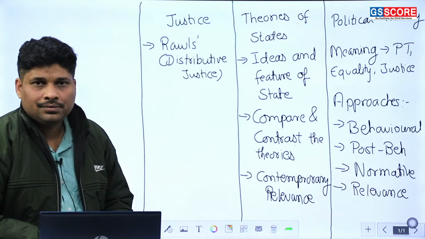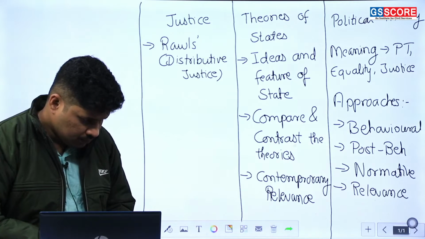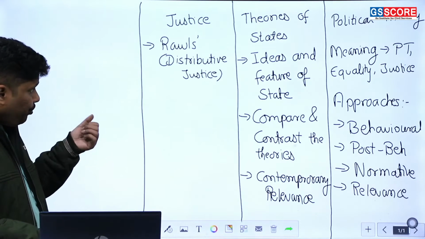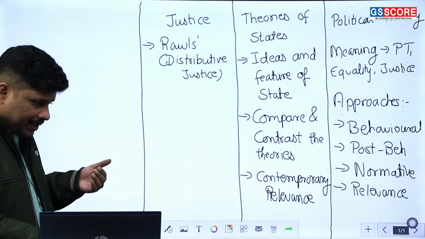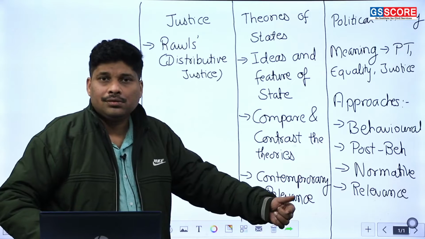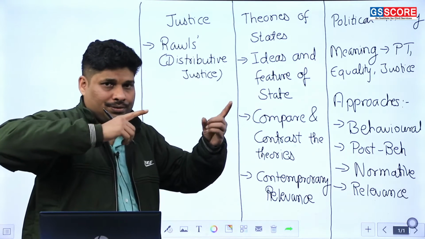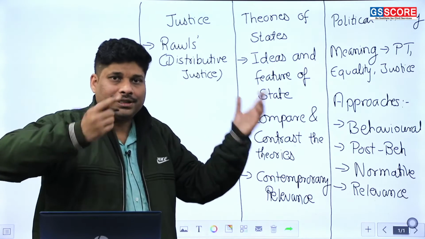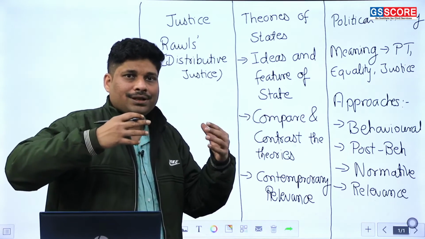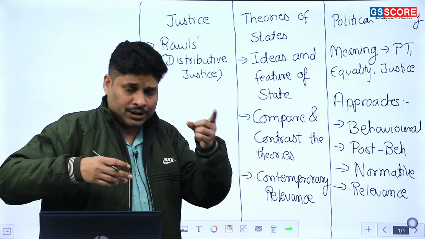Now, conceptually, when you bring in distributive justice, what is also needed to be known? Again, this is from the point of view of UPSC questions. Rawls did not say distributive justice, but what he basically did was he provided an idea that oriented towards distributive justice.